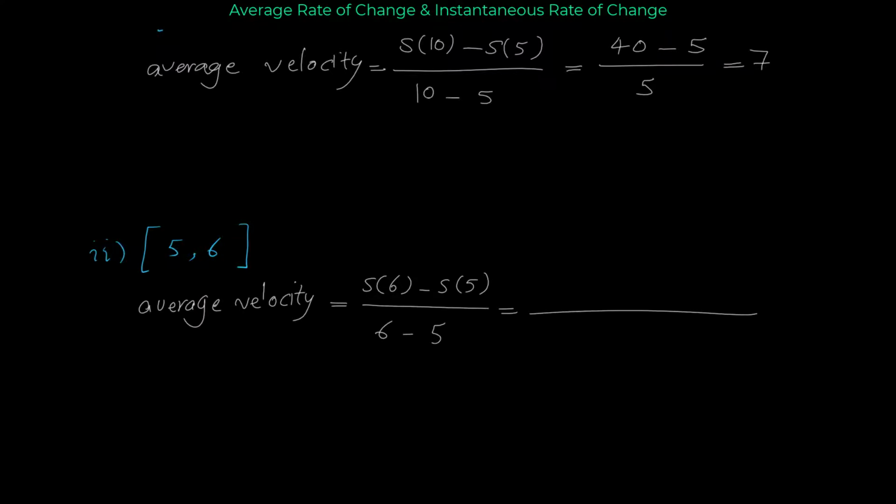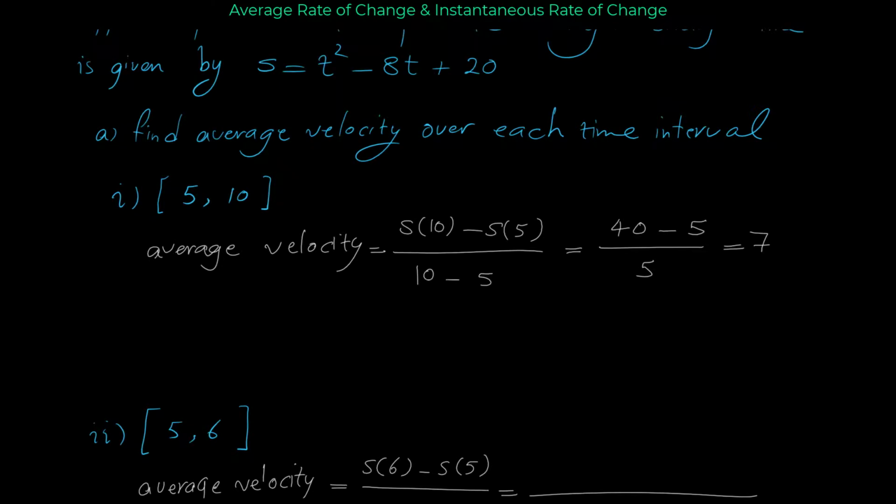For finding s of 6, you have to plug in 6 in that equation. s of 6 would be 6 to the 2 minus 8 times 6 plus 20. 6 to the power of 2 is 36. 8 times 6 is 48, plus 20. 36 minus 48 is negative 12. Negative 12 plus 20 is 8. So s of 6 is 8.